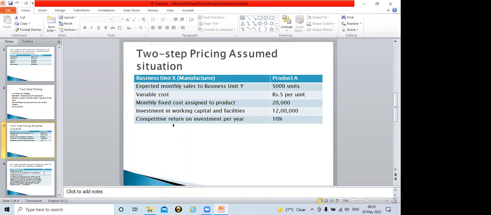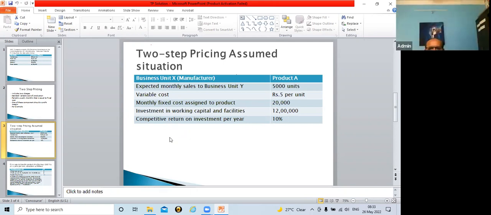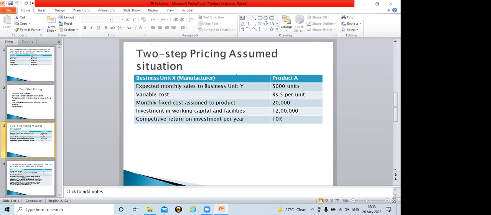Return means profit. So this company is expecting a profit of 10% on investment. How much investment has this company made? Look here. Sir, 12 lakh. 12 lakh.